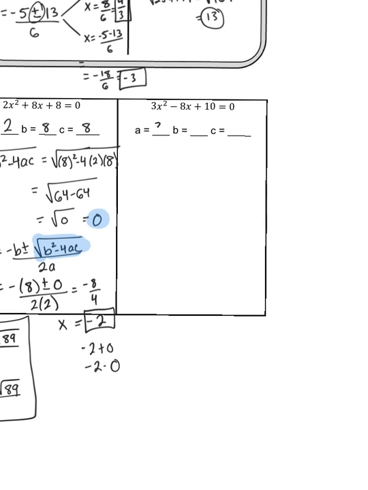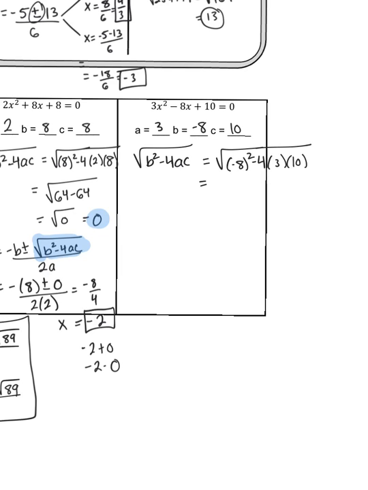So my a value is 3, my b value is negative 8, and my c value is 10. I'm going to find the square root of b squared minus 4ac. So I've got b squared, b is negative 8. If you are going to type this in on the calculator, you need to make sure that you're putting parentheses in all the places that I am.